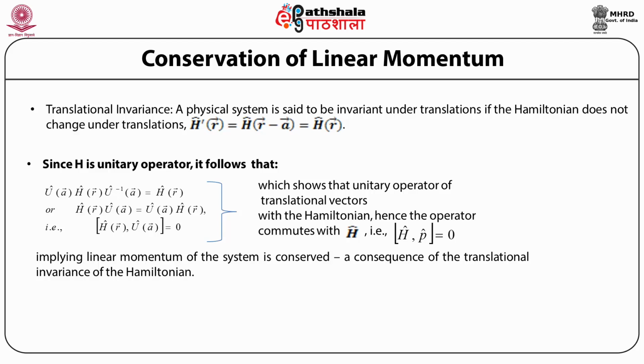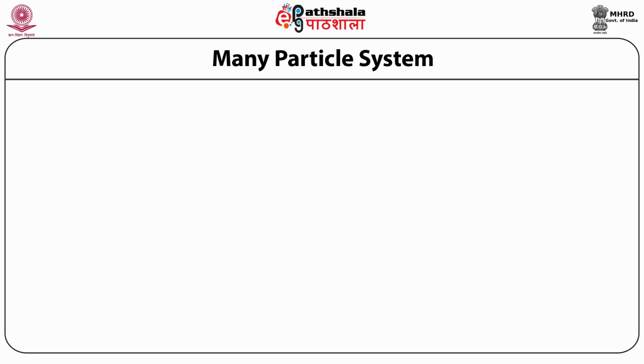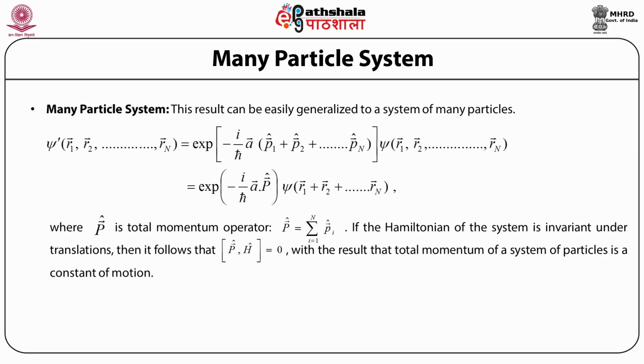And since we know that if the Hamiltonian operator commutes with any physical observable, then that physical observable is conserved. So in the present case, since the commutator of the Hamiltonian and the momentum operator turns out to be 0, the linear momentum of the system is conserved, a consequence of the translational invariance of the Hamiltonian.